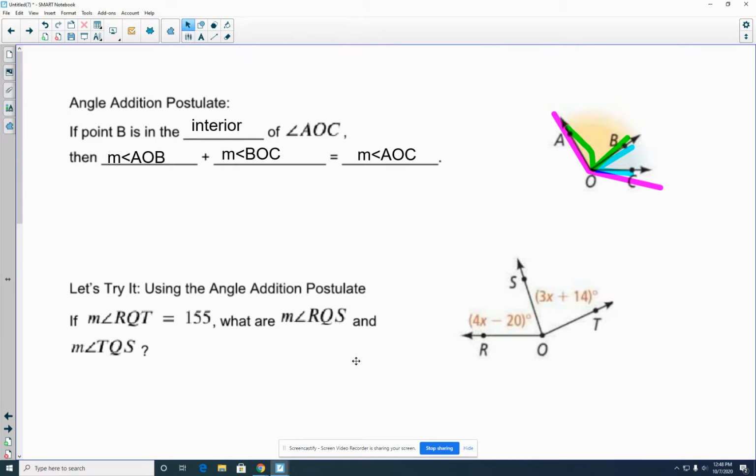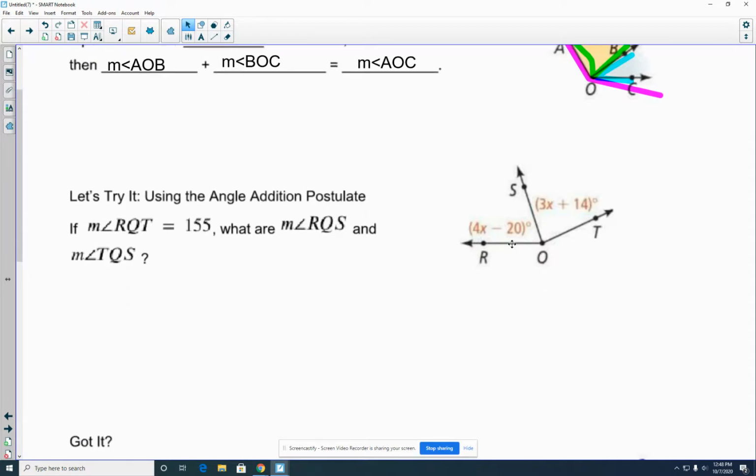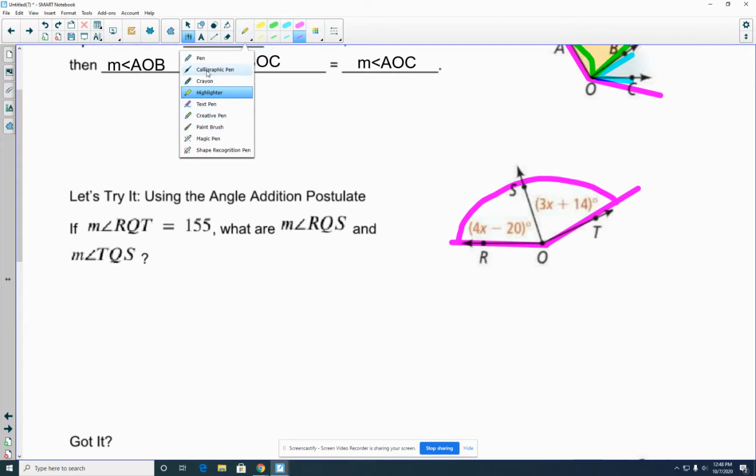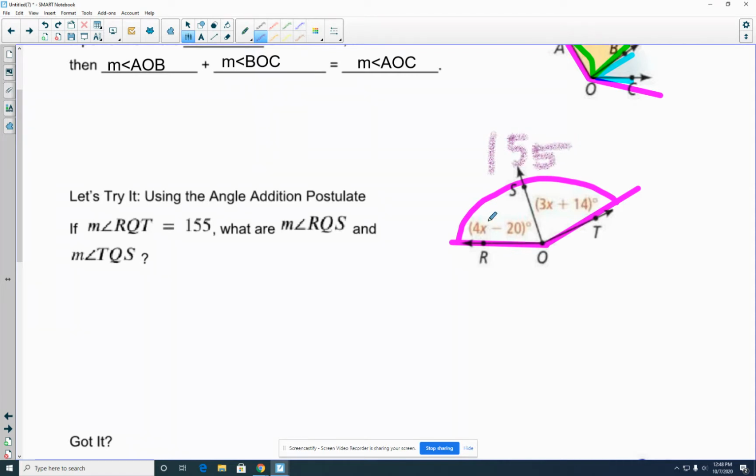All right, so how can we now use the angle addition postulate? And here we have it. If angle RQT, so this entire angle, from here all the way to here, is 155, how can I find RQS and TQS?